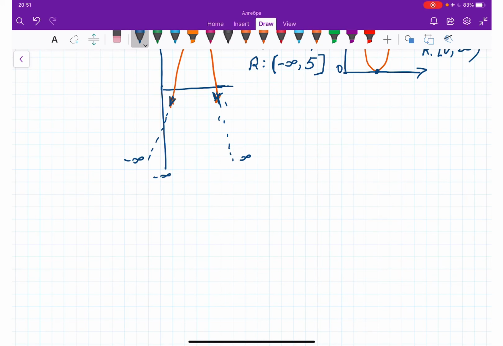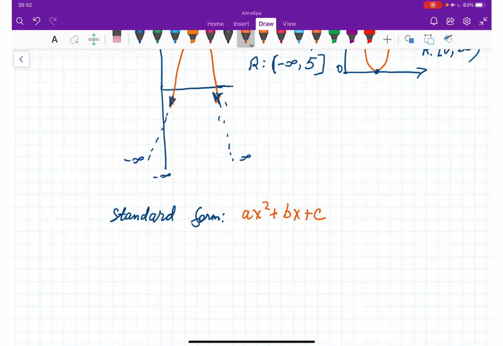The standard form is ax squared. Let me write down the standard form: ax squared plus bx plus c.